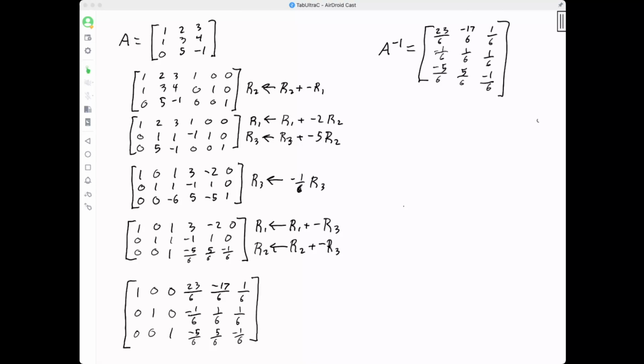So the good news is once you know A inverse, the matrix equation becomes easy. The bad news is the process of finding A inverse is not easy. It's very similar to the process of solving the matrix equation.